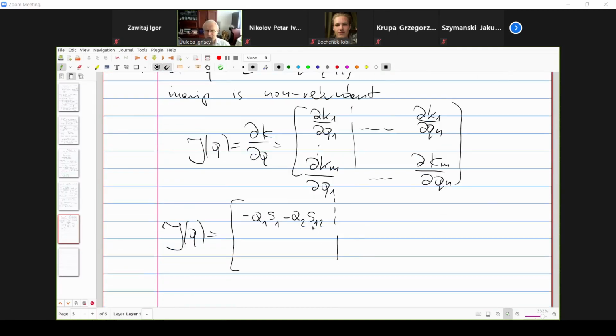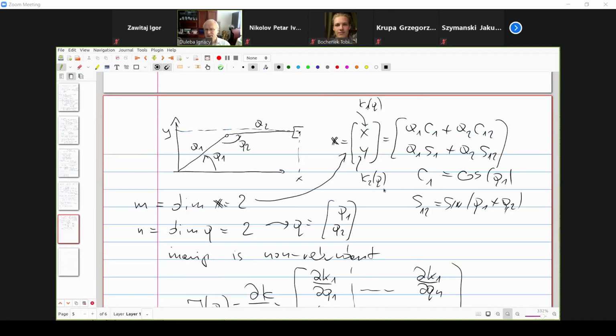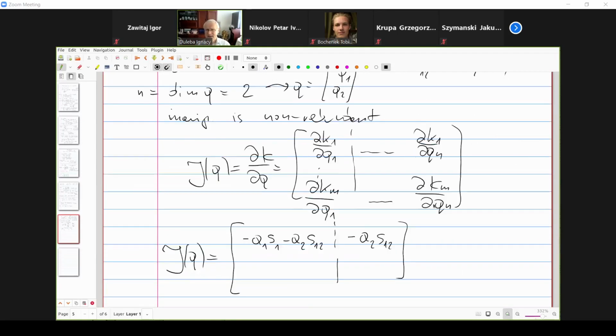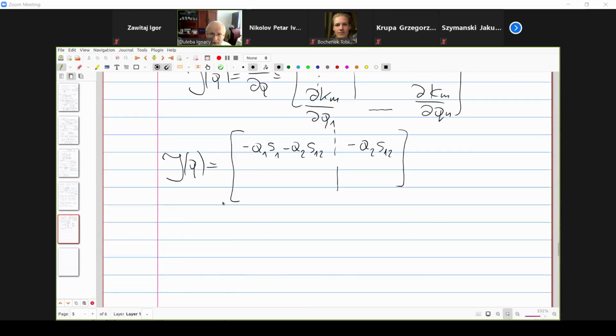So the result is here. And once again, with respect to Q2, the result would be like this. In the second row, I take the second expression and once again take derivatives. I will obtain A1 C1 plus A2 C12 and A2 C12. Okay.